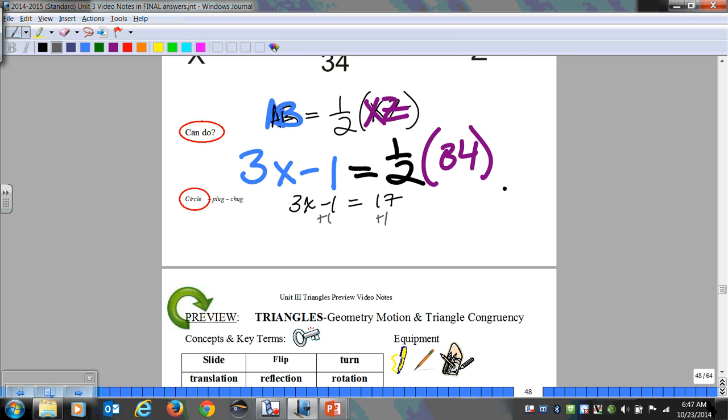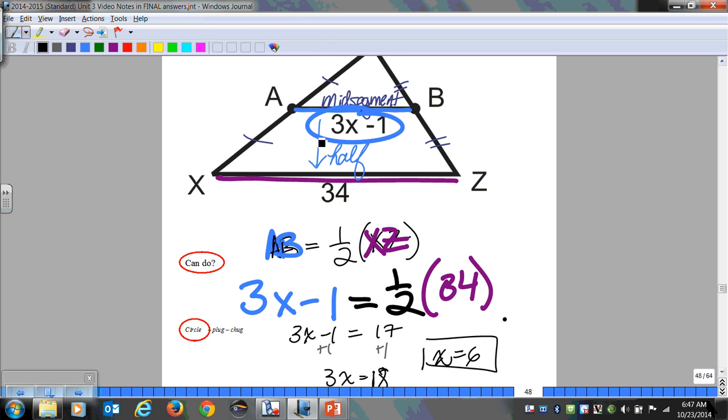Add 1 to both sides. We have 3x equals 18. Therefore, x is 6. Now, just to double check it, we plug in 6 here. 3 times 6 is 18 minus 1. That means it's 17, which is 1/2 of 34.